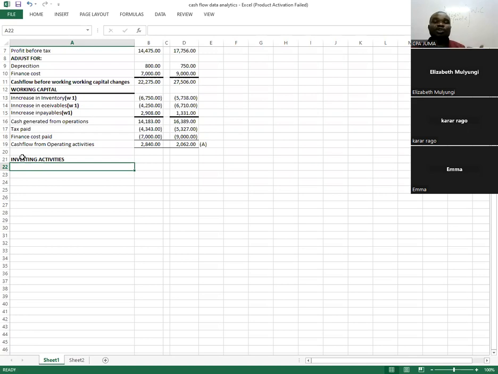If it is acquisition, it is a cash outflow. If it is a disposal, it is an inflow. Please take note of that. Acquisition, outflow. Outflow you will subtract. And how are you going to know that they acquired? Increase. You check increase in value.